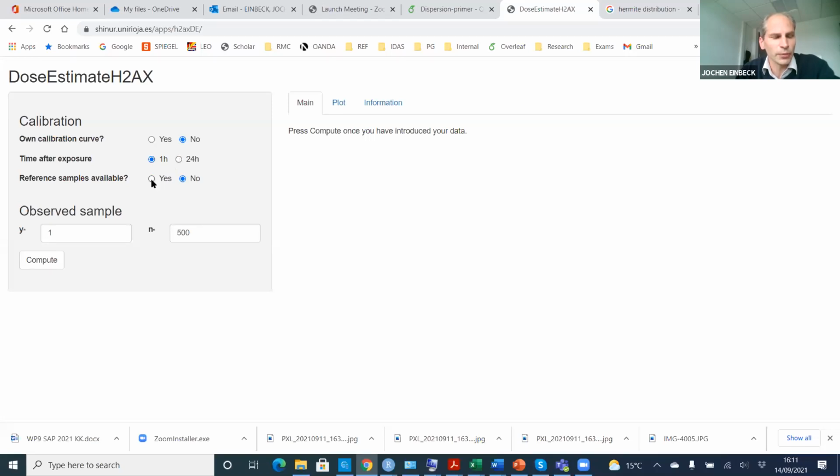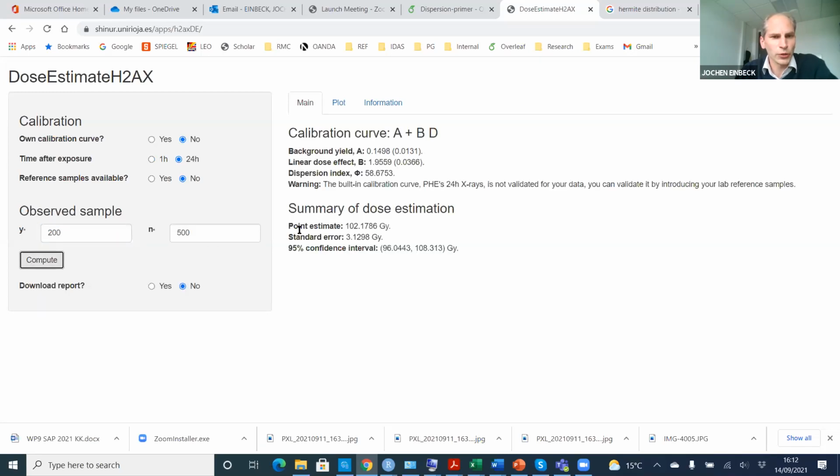I also need to tell whether I have such reference samples available to check it. Let's assume I don't have that, and let's assume I'm at 24 hours. What is called here Y is what I've called R in my talks, the foci per cell. Let's assume this is 200. And we do that, and, well, that was probably not a good example.